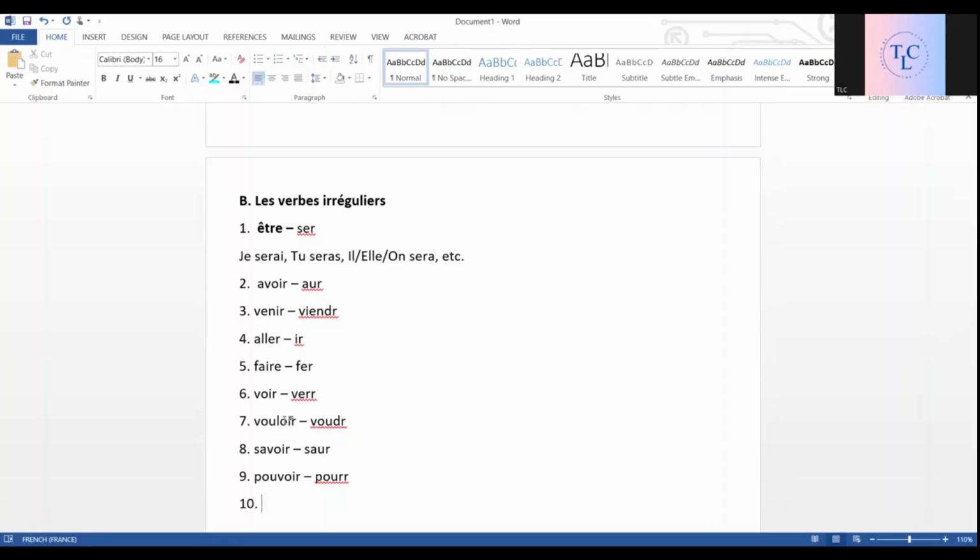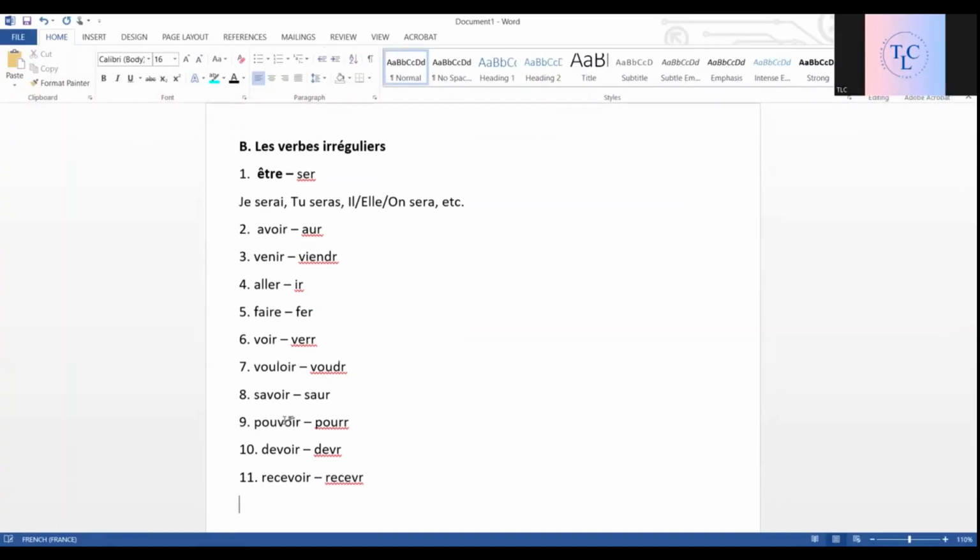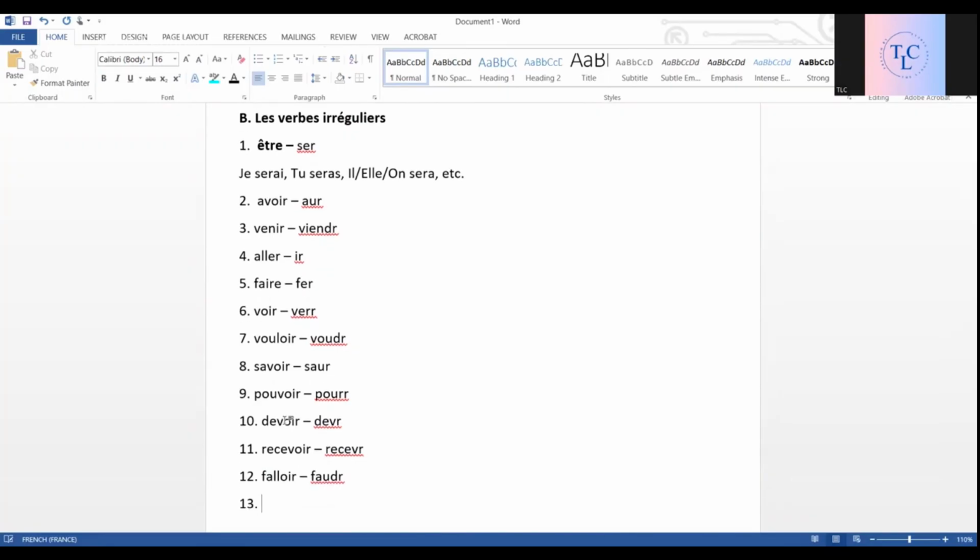Okay, next we have devoir, devr, recevoir, recevr. Then we have, yes, falloir is faudr. Then we also have courir, that is courr.